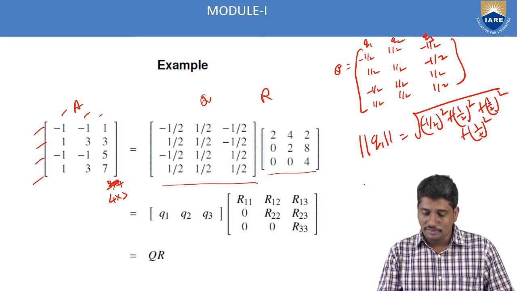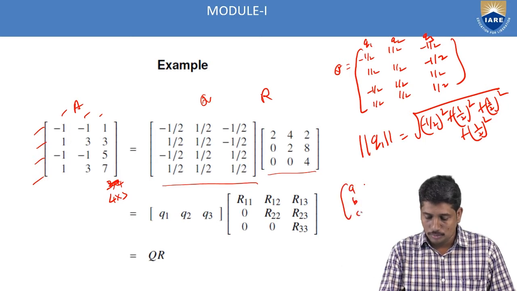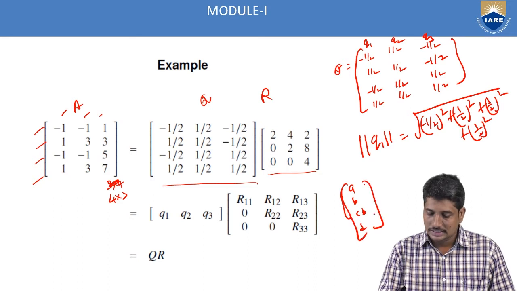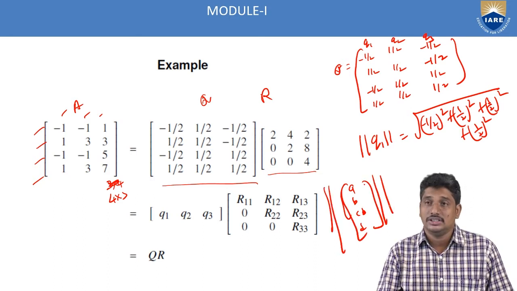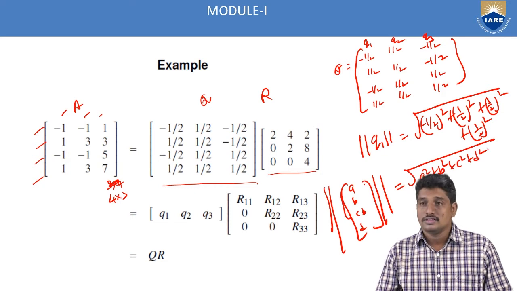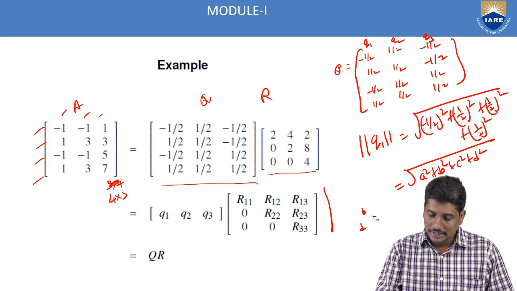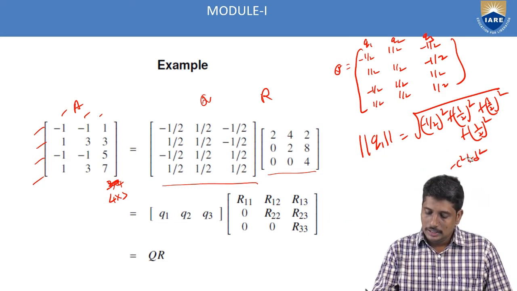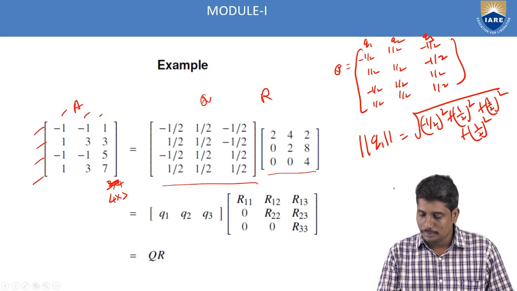The formula for the norm of a vector ABCD is nothing but root of A square plus B square plus C square plus D square. The same formula we are applying here, and hence we get norm of Q1 as root of minus half square plus half square plus half square minus half square plus half square.